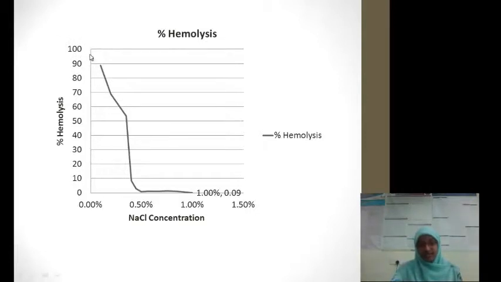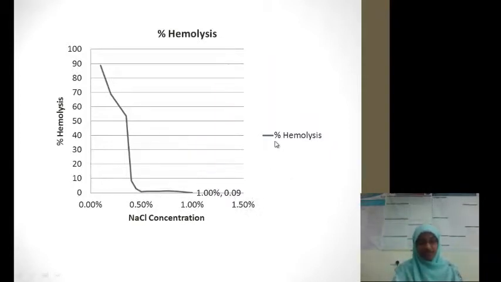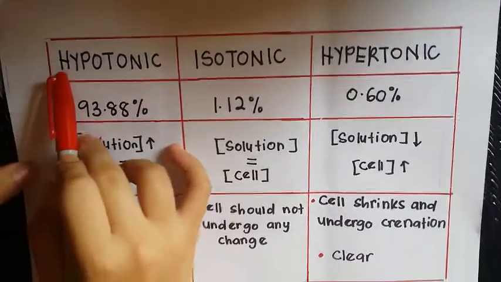So you can see that the percentage hemolysis decreases when the concentration increases. Here is a table.